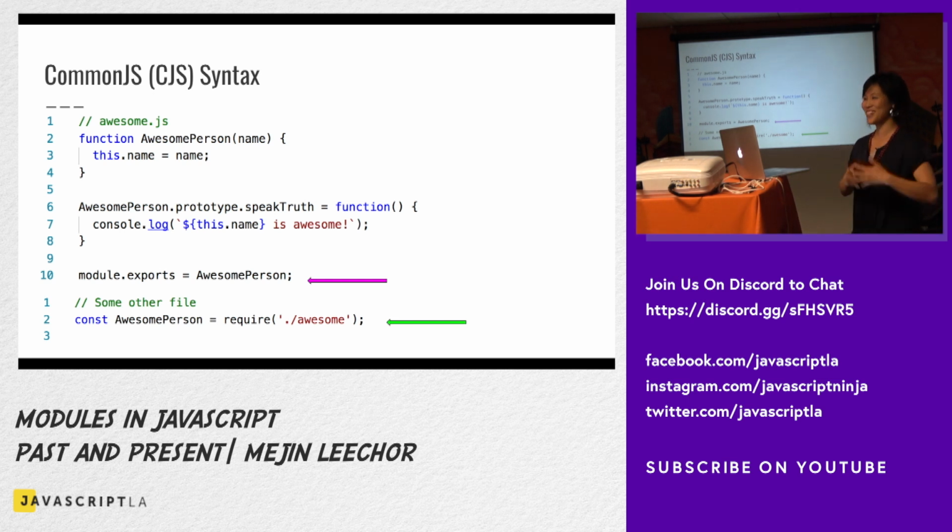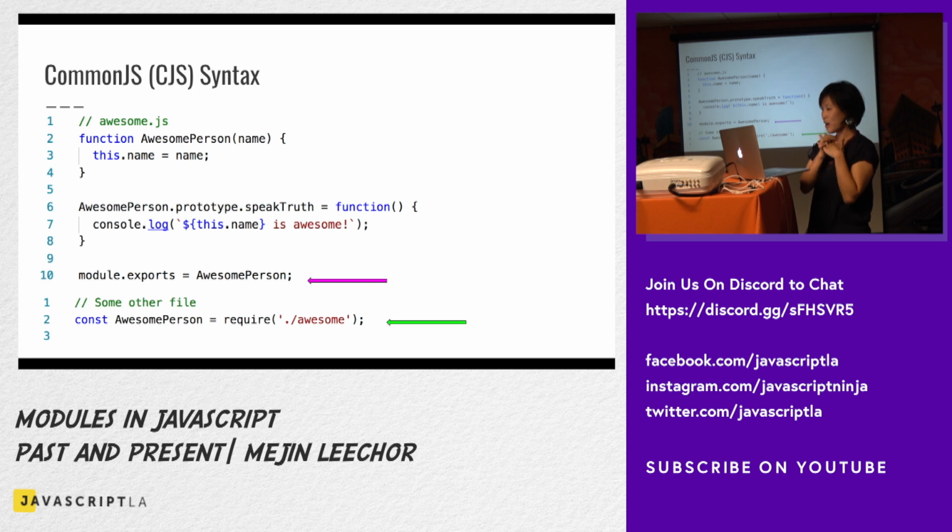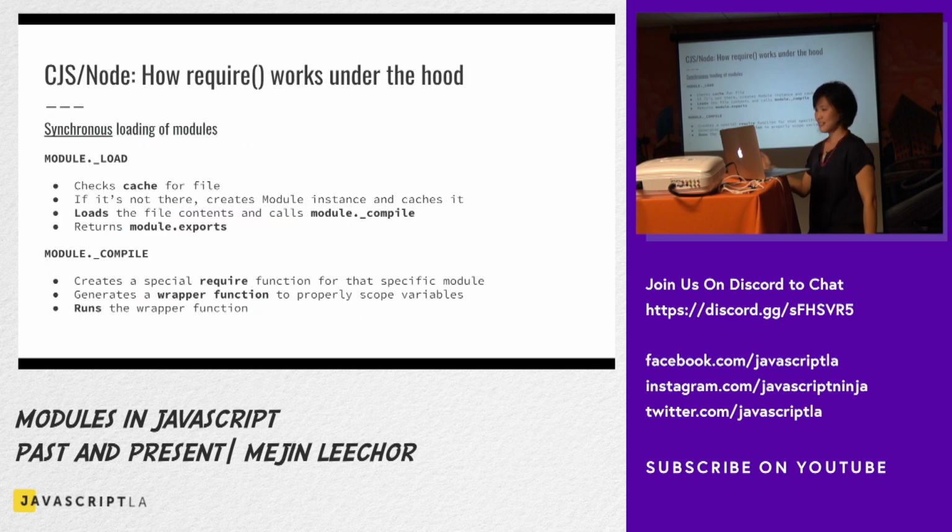I wish I had people affirming me like that all the time. And in some other file, we are using that wonderful require method to bring in that awesome person functionality. And that require method is going to have you load a module, and now you can have dependencies.